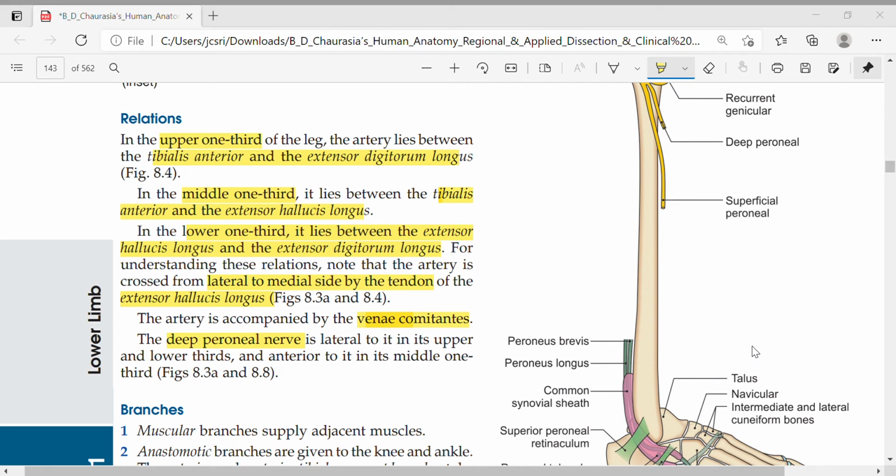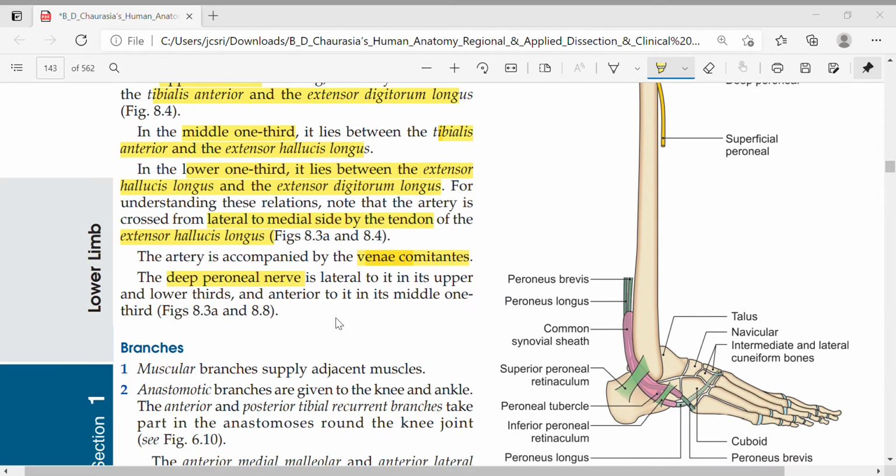In the upper and the lower part, it is lateral to the artery, whereas in the middle one third, it is anterior to the artery. This is also very important.